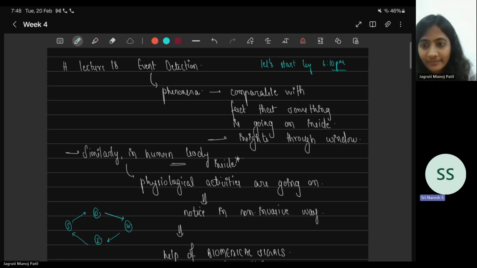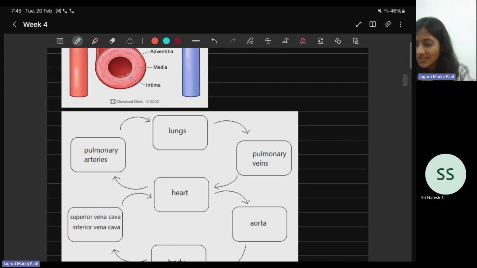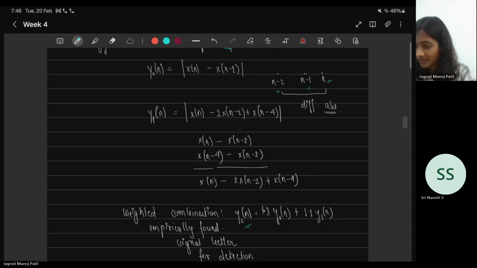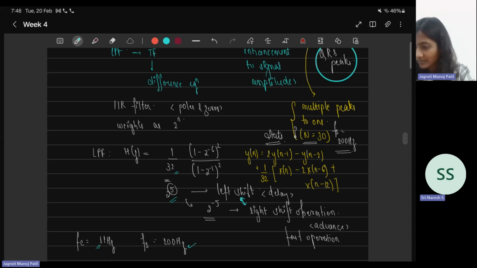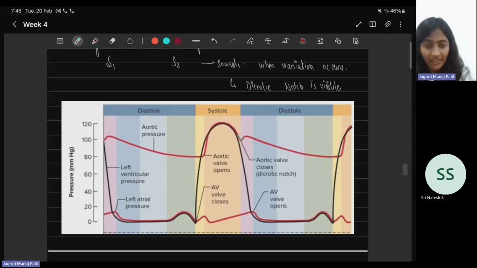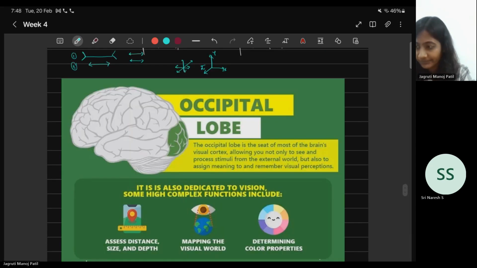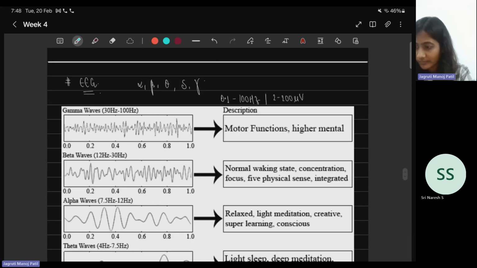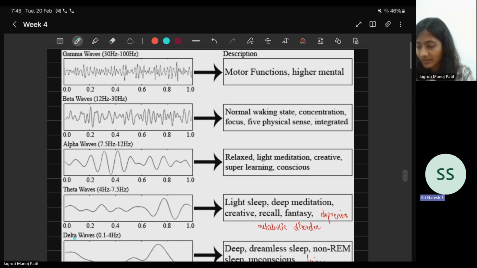You want to see the frequency ranges for EEG, right? No, ma'am, the general frequency range.